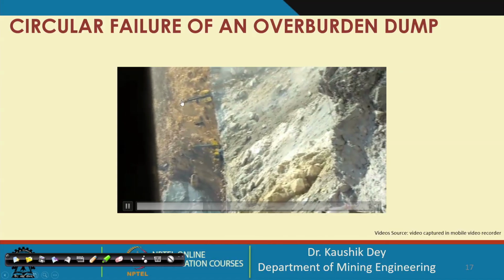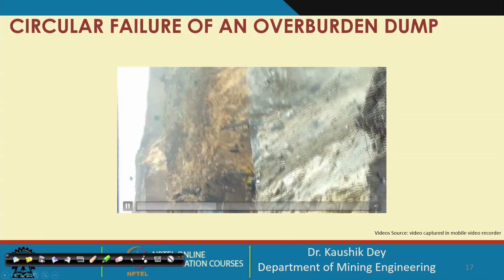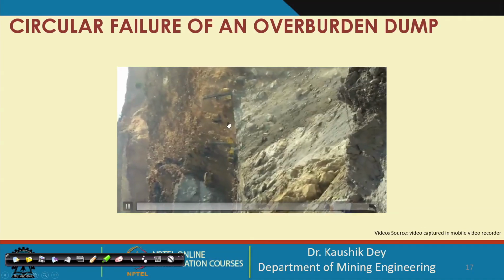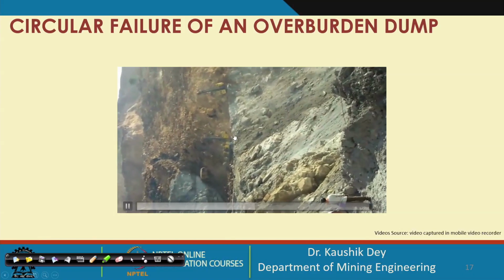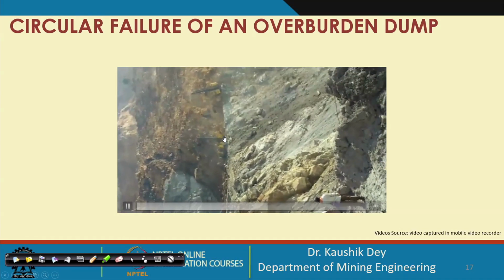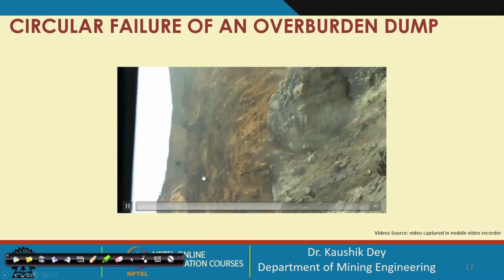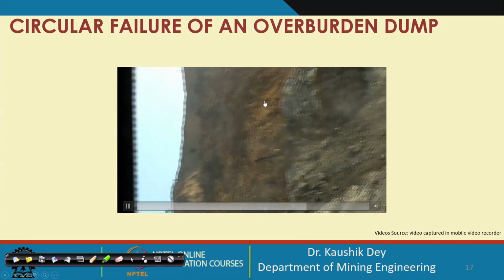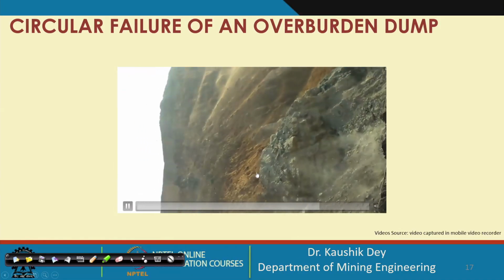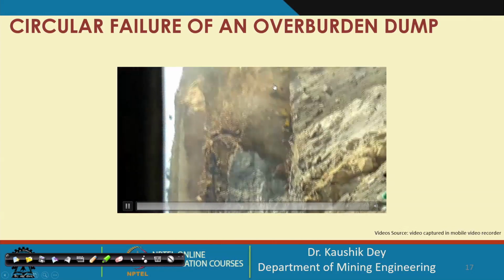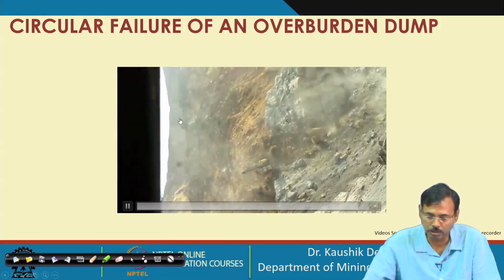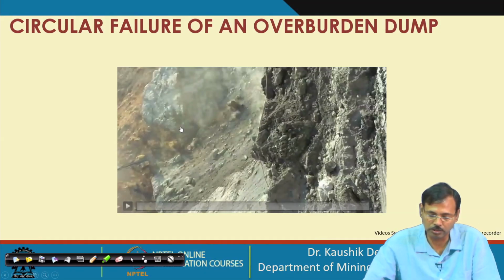Circular failure of the material is still coming down. The manpower has been withdrawn because of this failure, but the drill machines could not be withdrawn because they are already stuck, the drill rods are inside the hole. So, see, this complete material has now slid down, gradually moving out in this direction. See, all this material is coming down. So, all the top benches, the overburden benches, have fallen down.